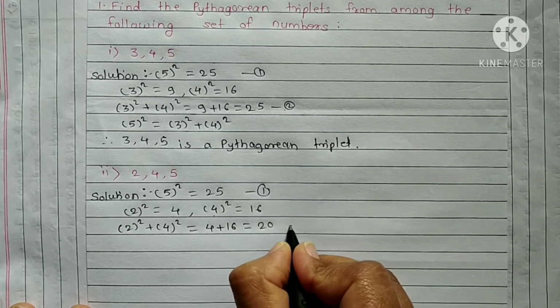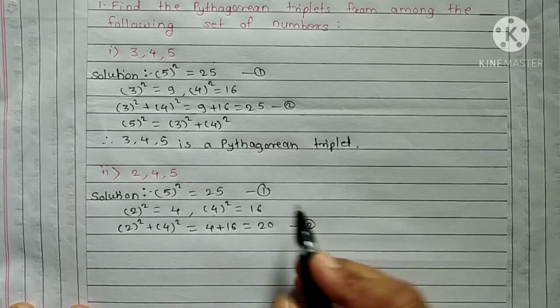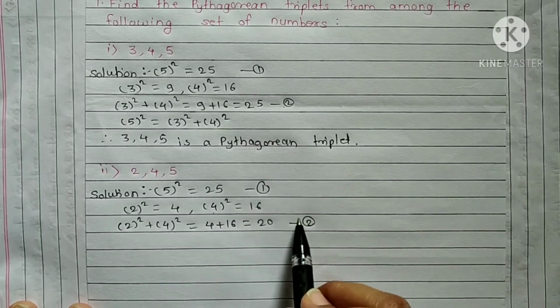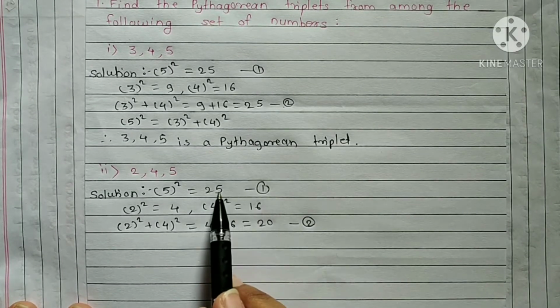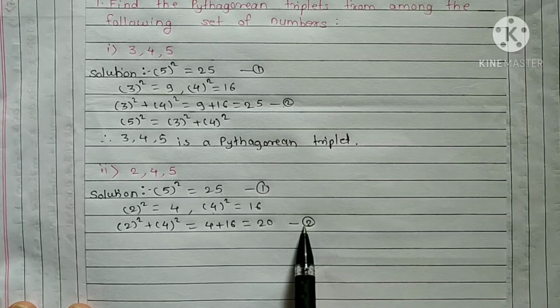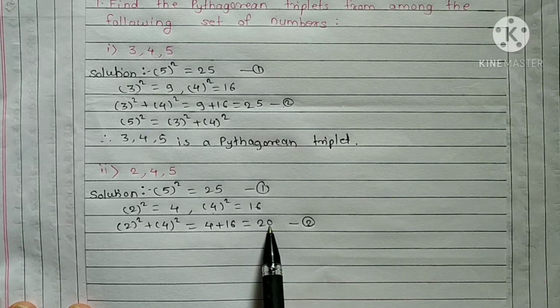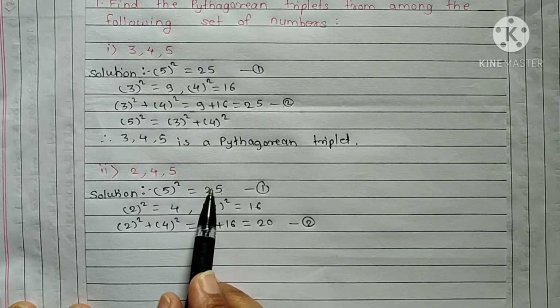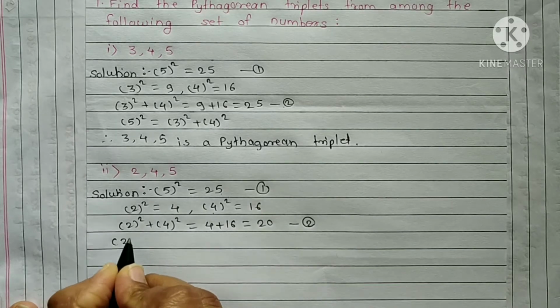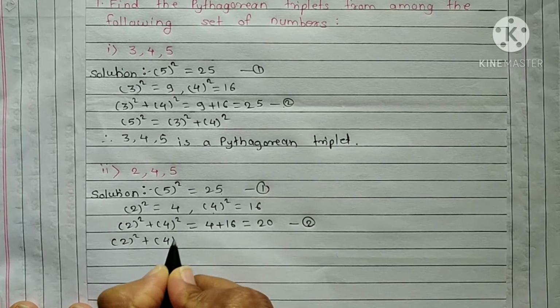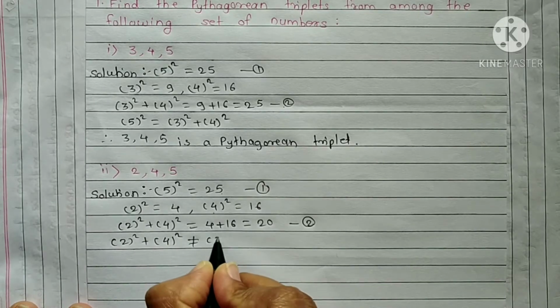This is expression 2. Now see expression 1 and expression 2. Here the RHS of expression 1 is 25 and the RHS of expression 2 is 20. That means 20 is not equal to 25. Therefore 2 square plus 4 square is not equal to 5 square.